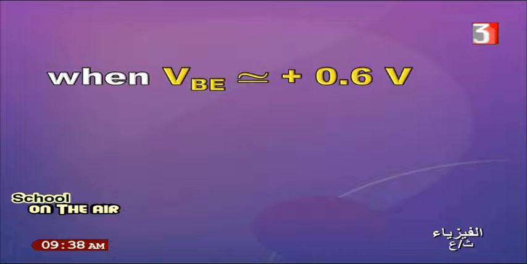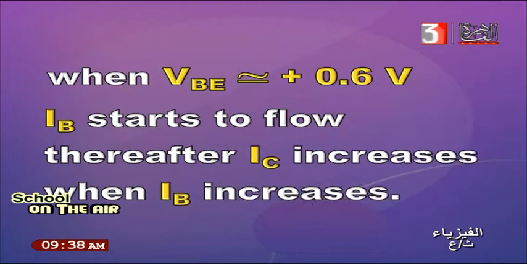When the voltage of the base is connected to a voltage roughly equal to 0.6 or 0.7 volt, what happens? We've got a base current and current flows through the collector. IB starts to flow, thereafter IC increases with IB.